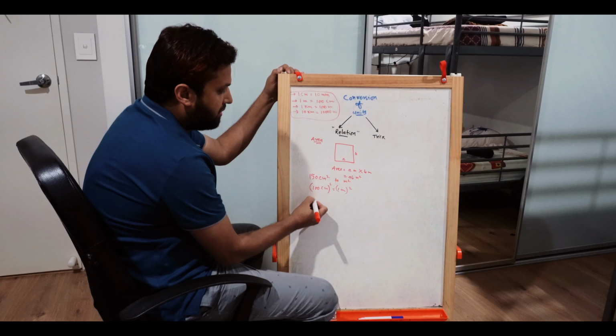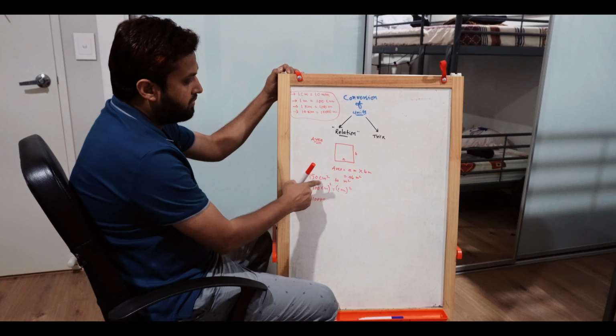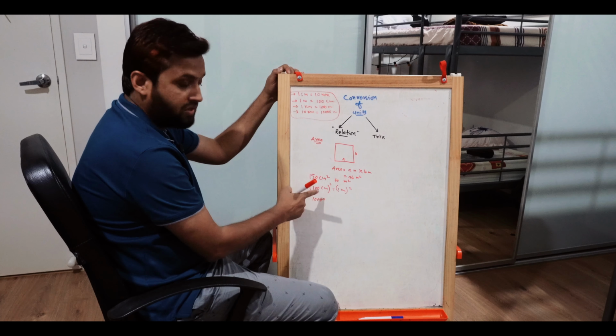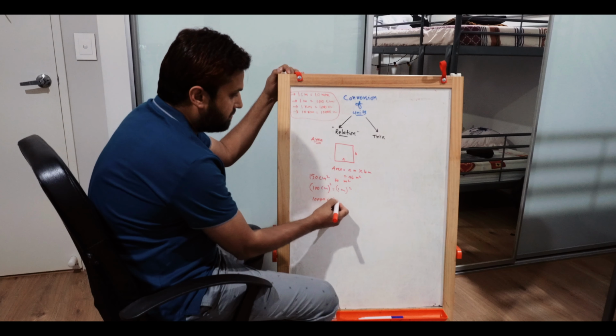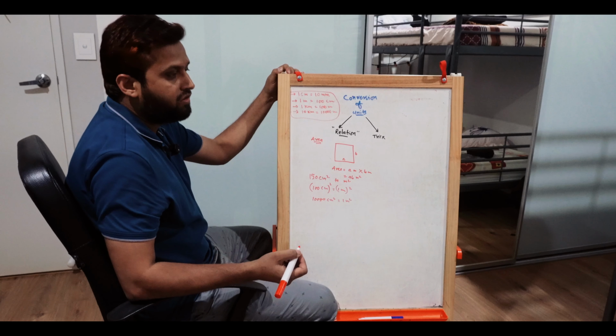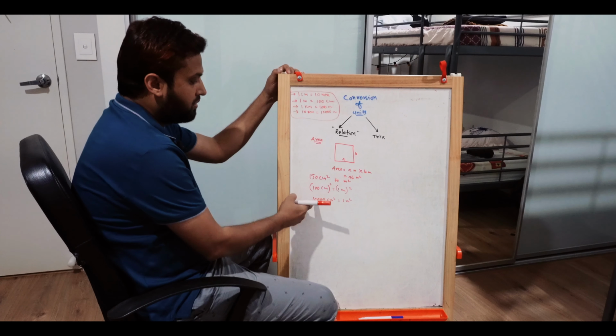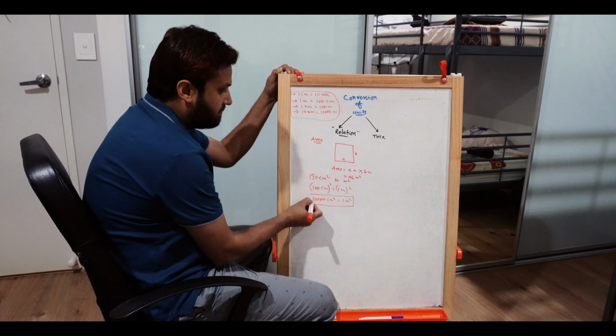Why are you squaring the whole thing? Because we have to convert centimeter square, not centimeter. Obviously, because 1 into 1 is always 1.